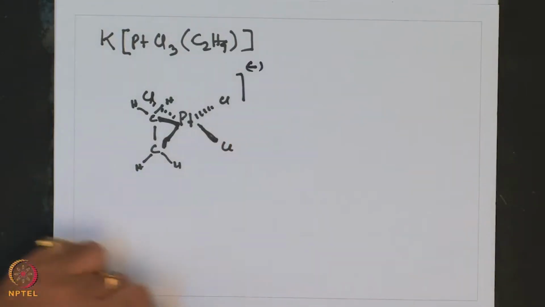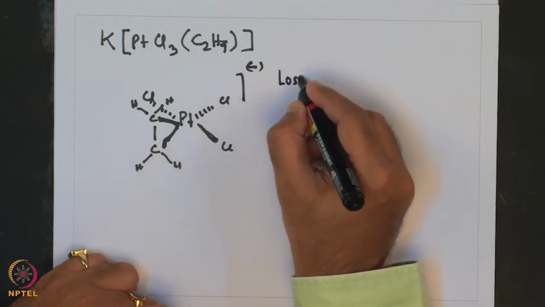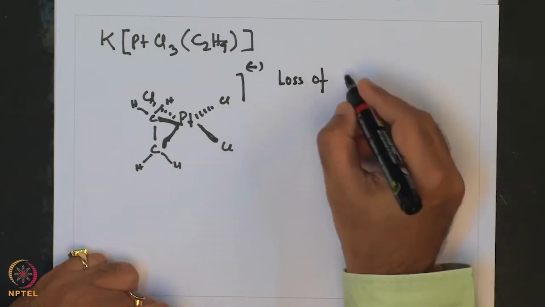Now, what is observed is that there is loss of planarity of the olefins.